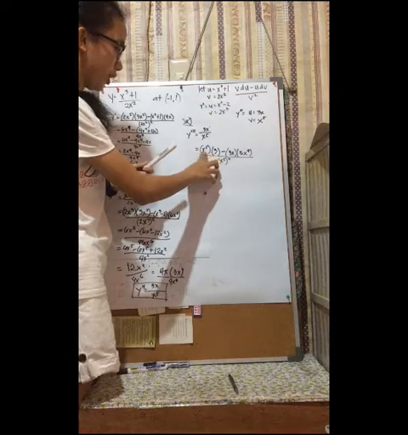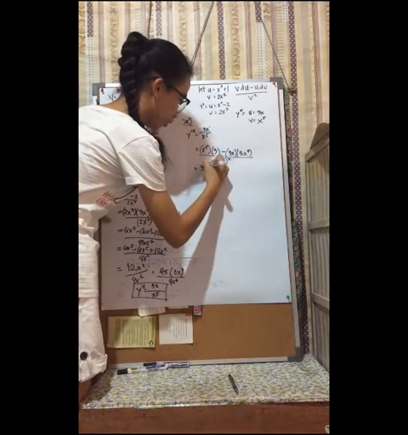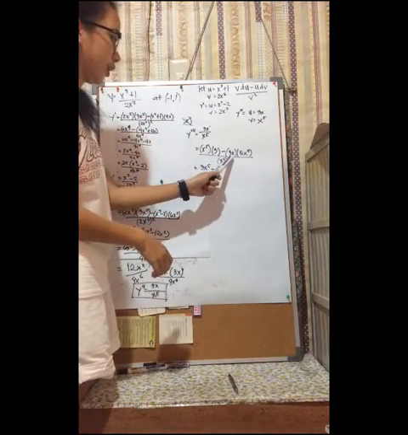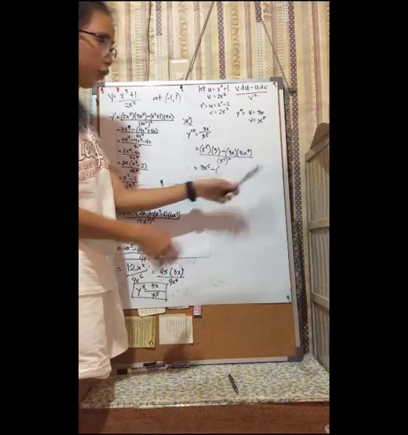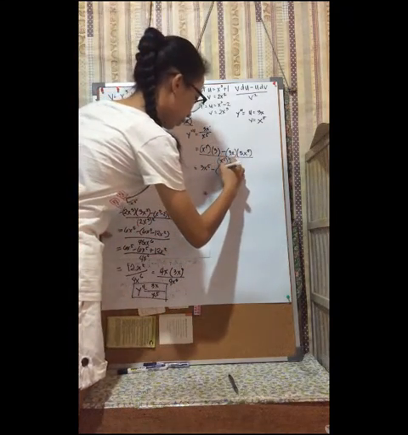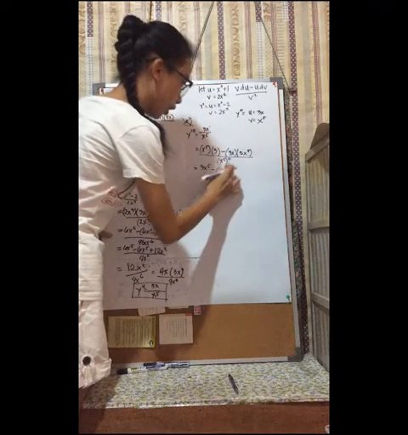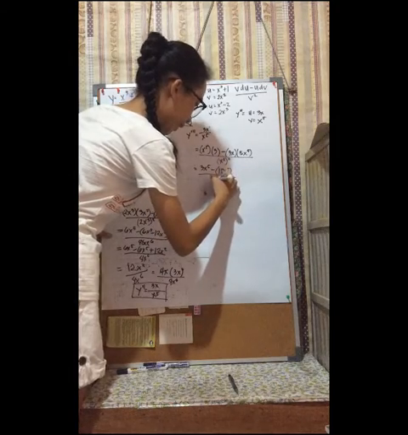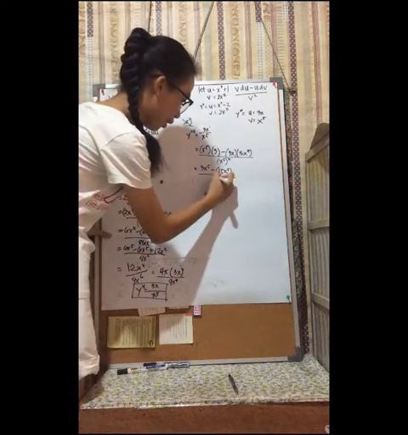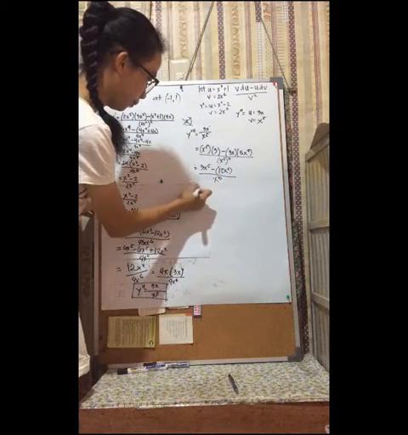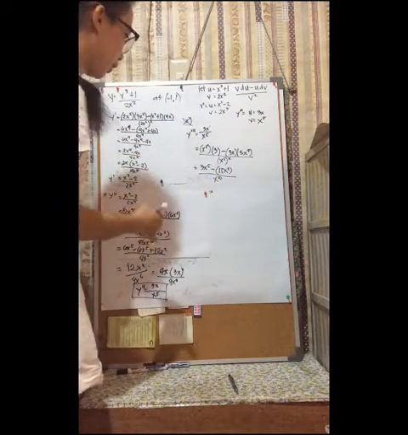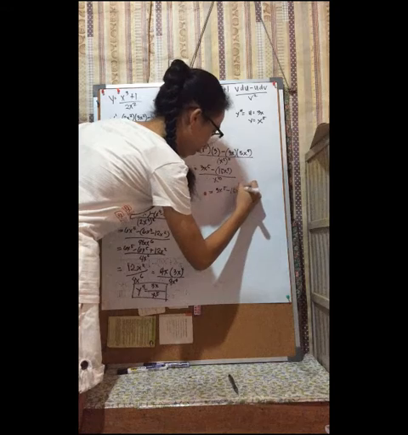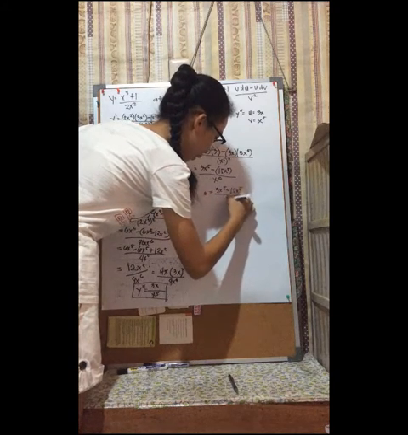We have 3x to the 5th minus 3x times 5x to the 4th, which is 15x to the 5th, over x to the 10th power.